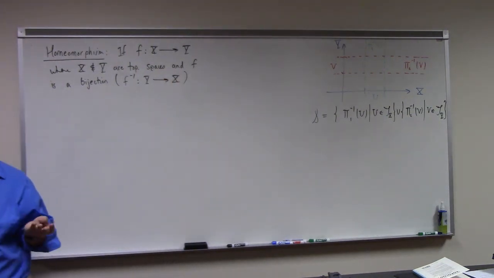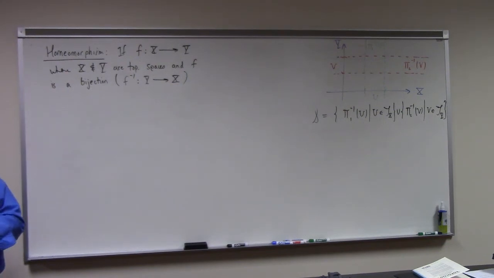And if in addition, f is continuous, and f inverse is continuous, you could also say that f is bicontinuous, all right? Then f is said to be a homeomorphism.